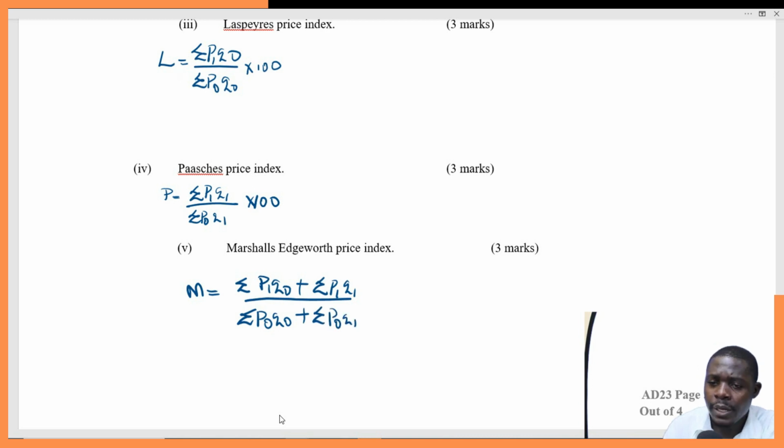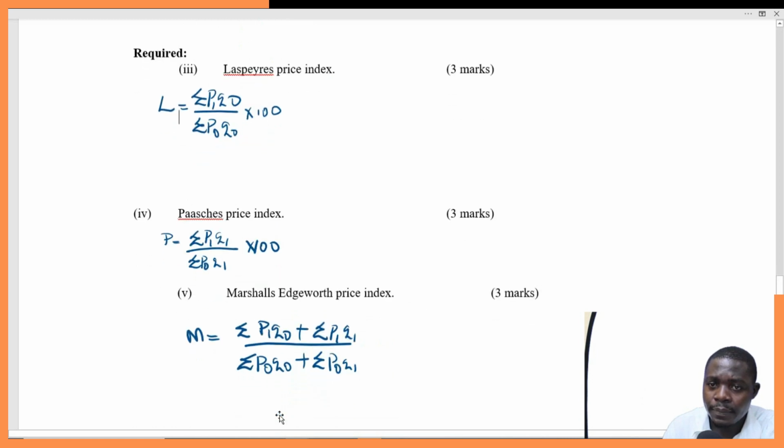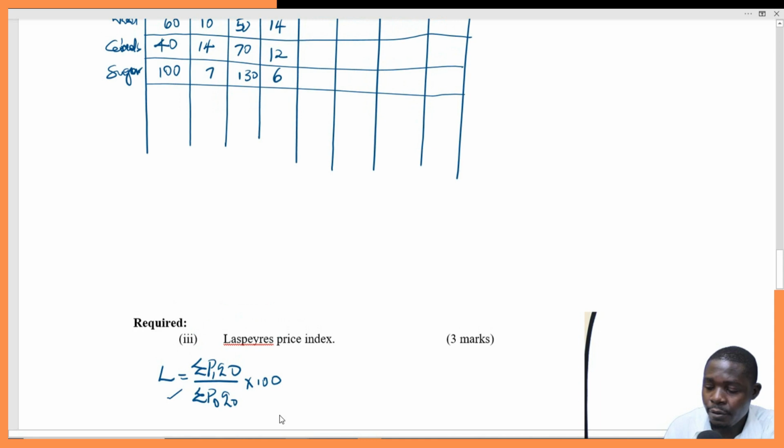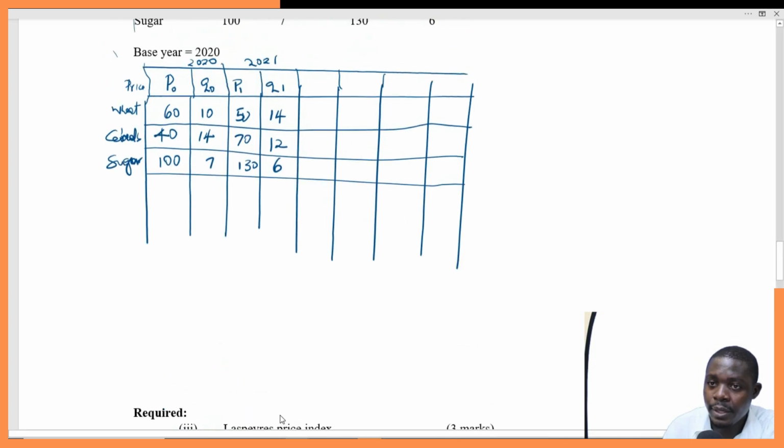Therefore, the only formulas we are going to consider are those for Laspeyres and Paasche, because this is just a repetition of what we have written up there. Now I'll only pick this particular formula here.